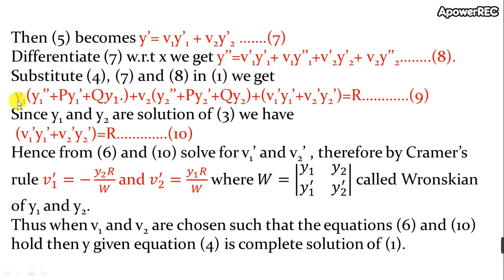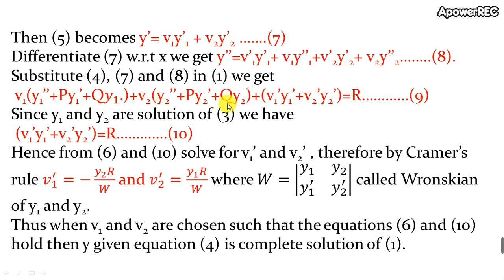We get v1 times of y1 double dash plus p into y1 dash plus q into y1, plus v2 times of y2 double dash plus p into y2 dash plus q into y2, plus v1 dash into y1 dash plus v2 dash into y2 dash is equal to capital R. Since y1 and y2 are solutions of equation 3, the sum y1 double dash plus p into y1 dash plus q into y1 becomes 0.